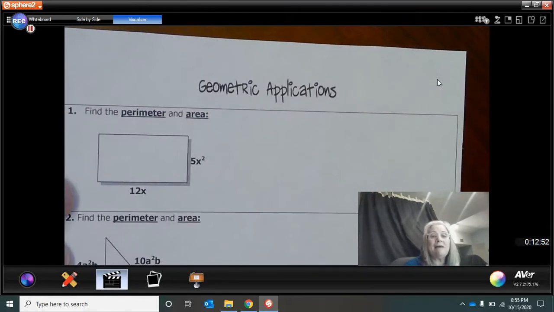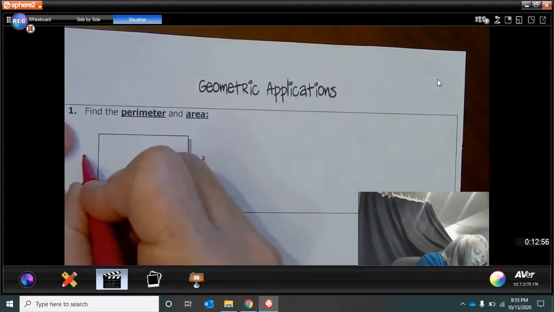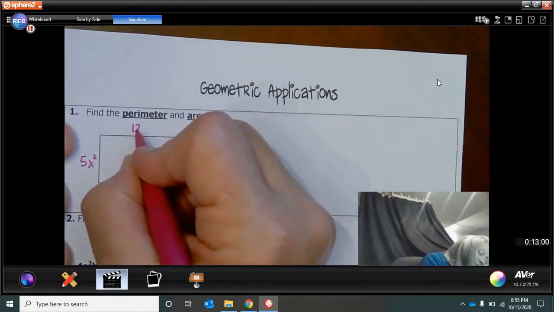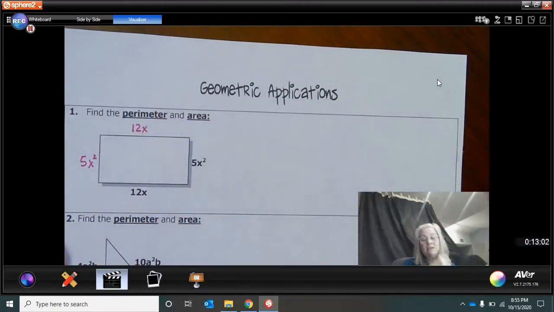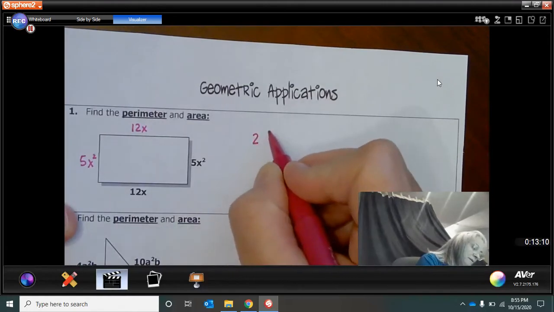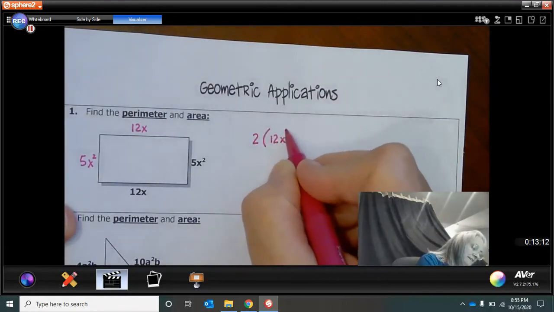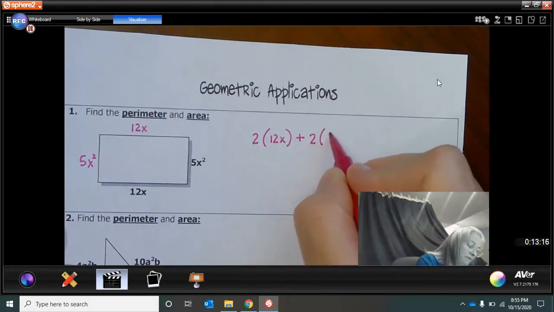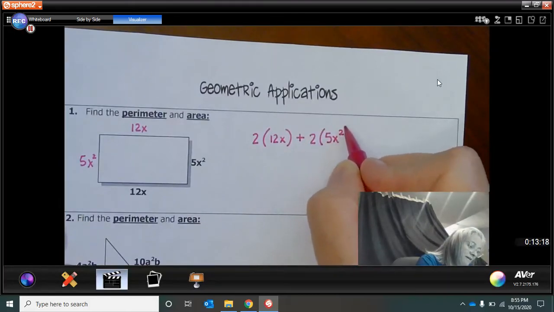So remember, the perimeter of a rectangle has 2 widths and 2 lengths, and if we do these together, we know that we are going to have to work all the way around the perimeter. So we have 2 of the 12 x's, and we have 2 of the 5x squared.